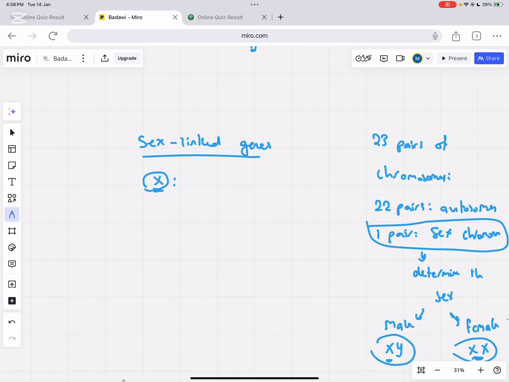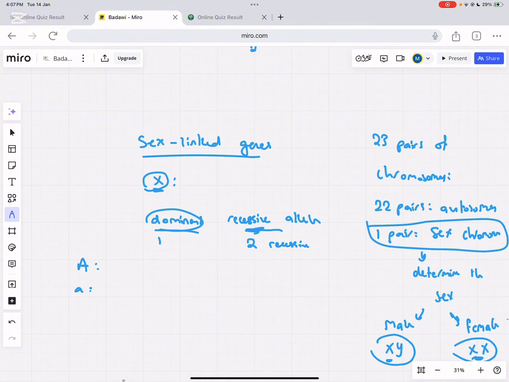Why? Because remember, when we talk about alleles, we have a dominant allele and a recessive allele. For the dominant phenotype to show, I only need one dominant allele, while for the recessive phenotype to show, I need two recessive alleles. Usually we denote the dominant allele by a capital letter and the recessive by a small letter.